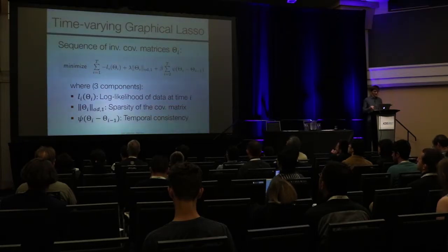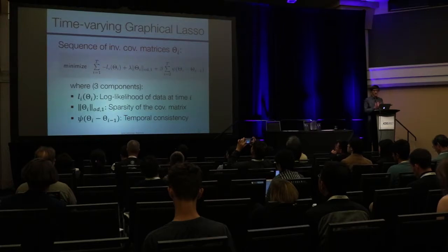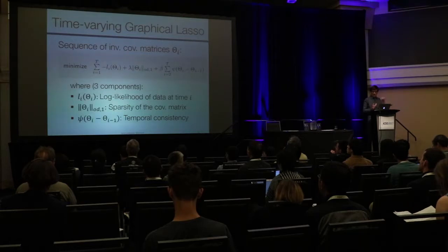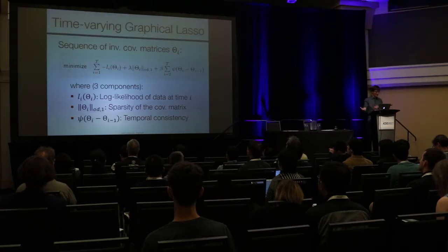Basically, we want to minimize the following equation that has three terms, and I'll explain them. So the one on the left, L sub i, that's the likelihood. It says, how well does the network at time i fit the underlying measurements, the underlying data. So that's the likelihood of data at time i.